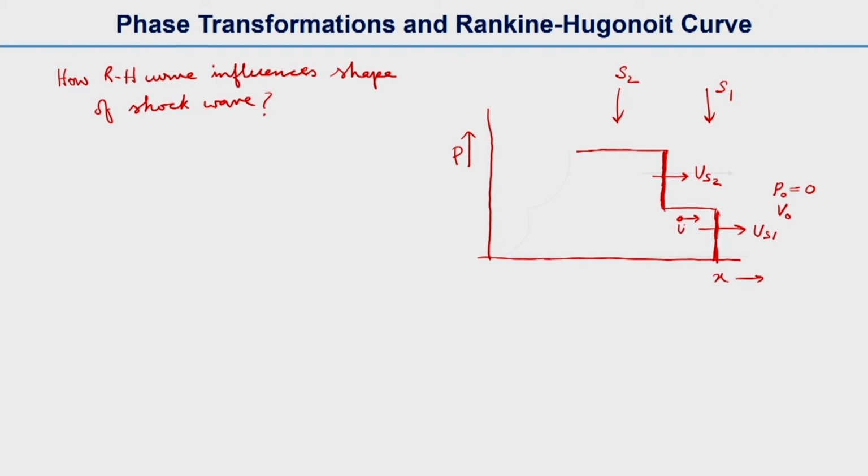Behind the first shock front the particle velocity is up1, and similarly behind the second wave the particle velocity is up2. Between the shock waves S1 and S2 this area will have pressure P1, volume V1, and in this area pressure P2, volume V2.